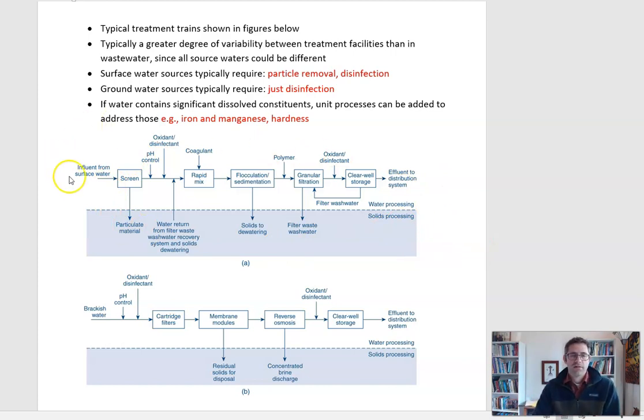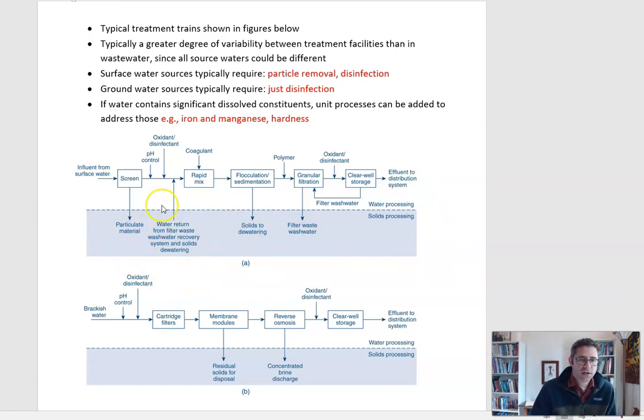So you have influent from surface water, like a river or a lake. You've got some screening, some pH control, some disinfection, chlorine, for example. And then you've got this coagulation, flocculation, sedimentation step, some polymer, a filtration step, more chlorination, and then discharge to the distribution system. And then the solids that you're removing from that water down here.